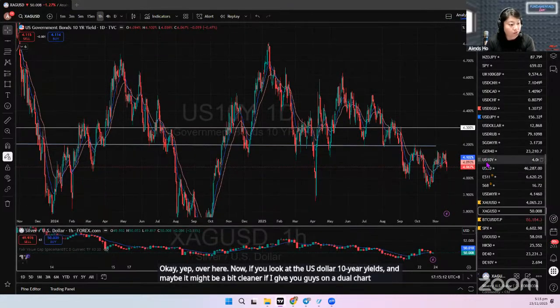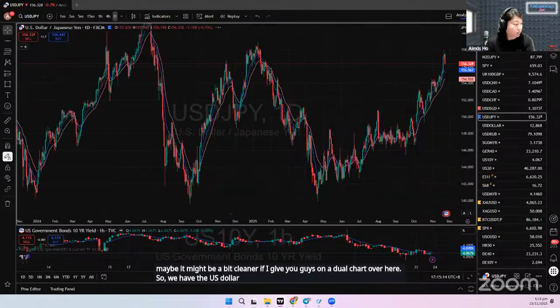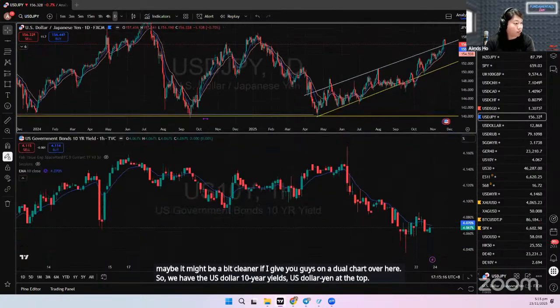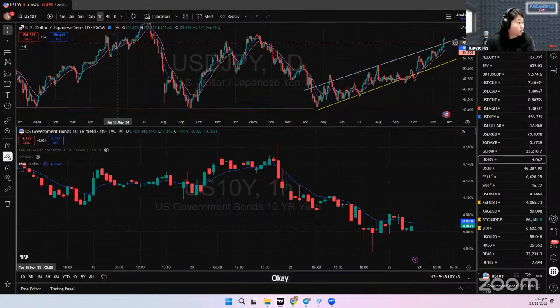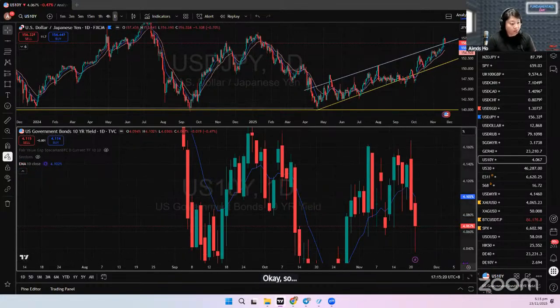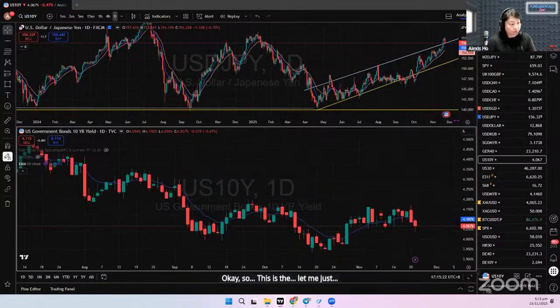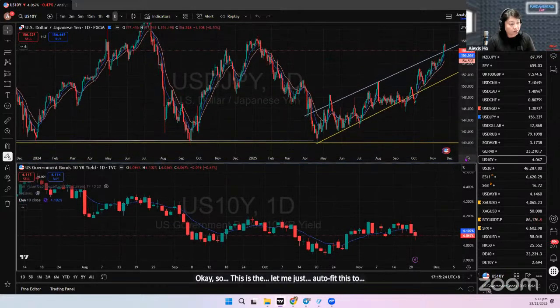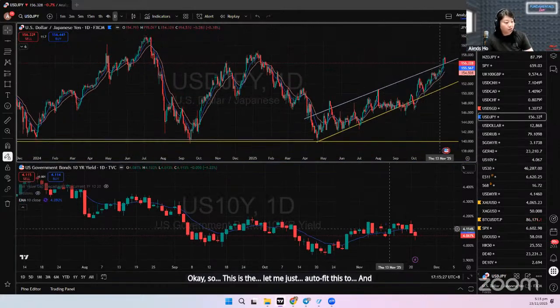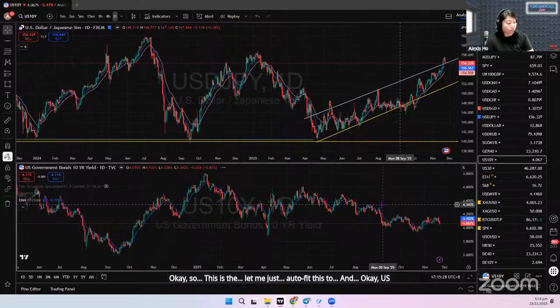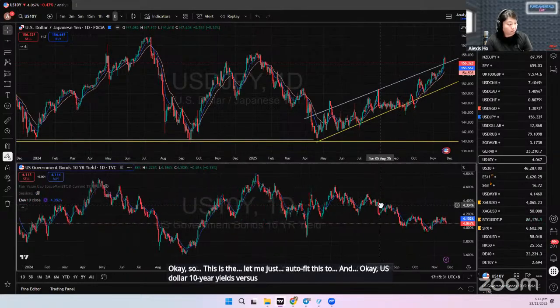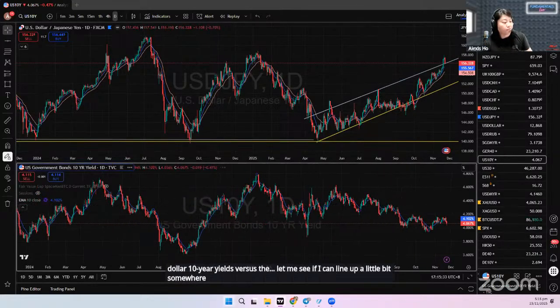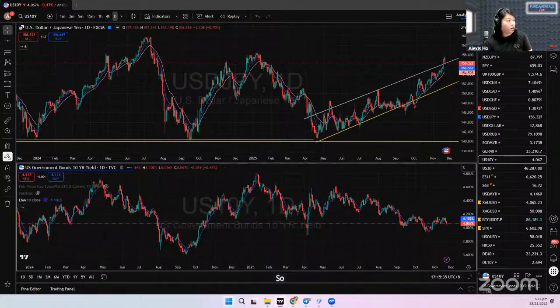So we have the US dollar 10-year yields, dollar yen at the top, and let me pull it up over here. Let me just auto fit this too, and line up a little bit somewhere like this. Okay, so you have the dollar yen, you have the 10-year yields.